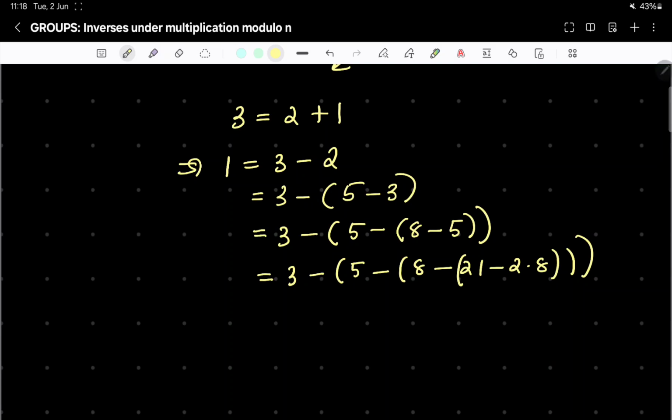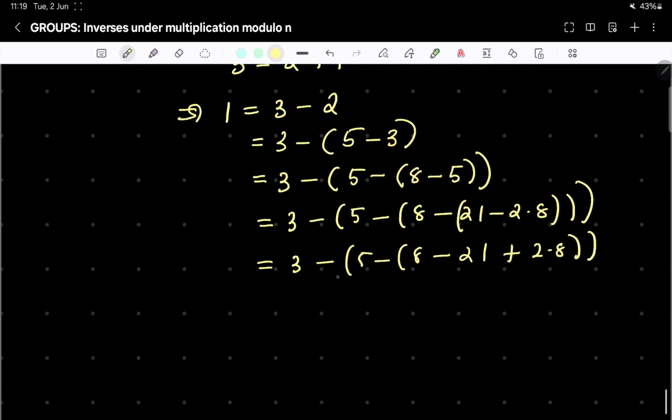So we'll try to expand this one by one. So 3 minus 5 minus 8 minus 21 plus 2 into 8, like this.